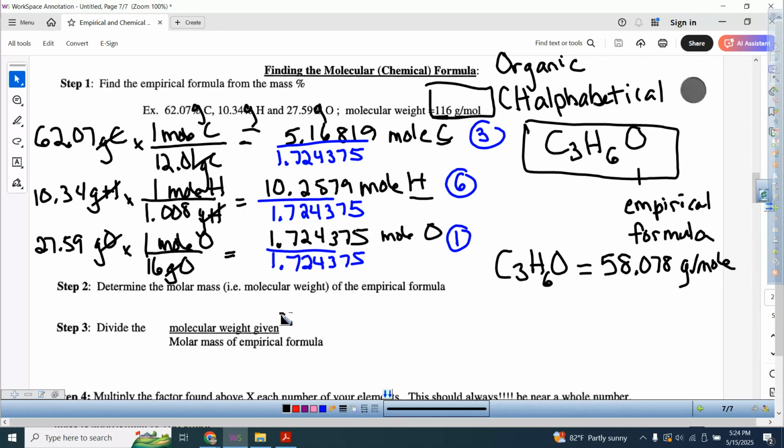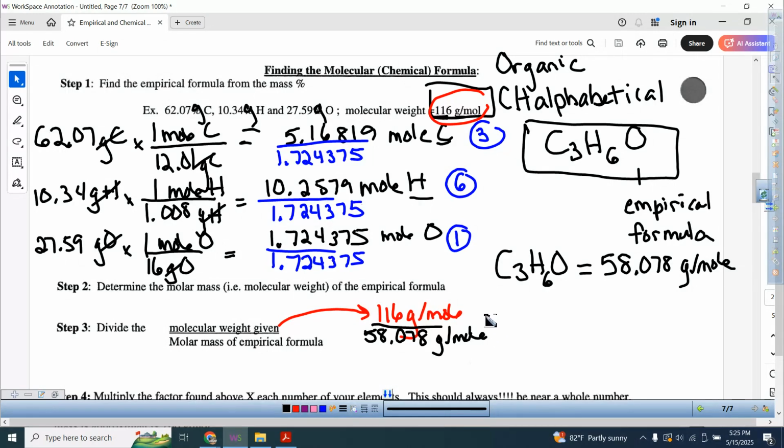So my next step is to take the given grams per mole, which is the 116, so you take the molecular weight that's given and you divide by the molecular weight of your empirical formula. And when you do this, you definitely should get something close to a whole number.